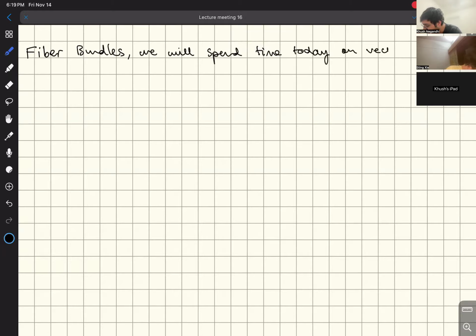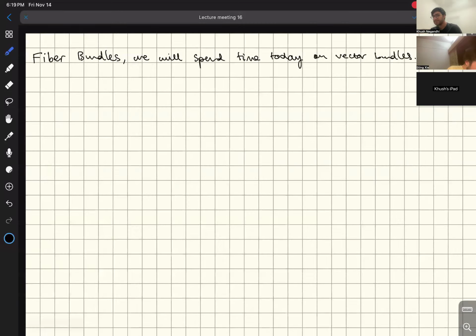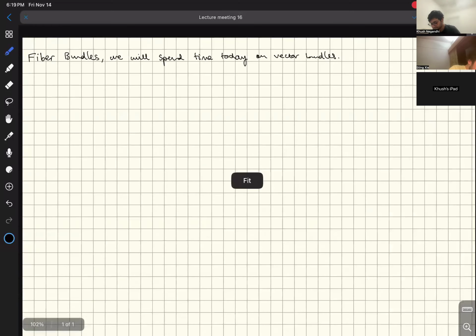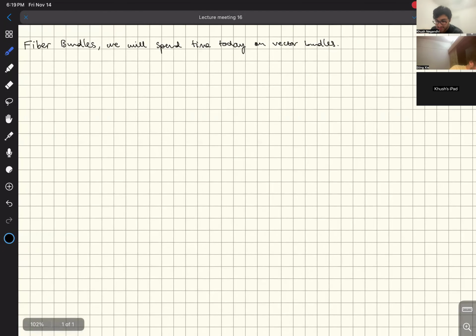The way we're going to motivate this topic is we're going to see how we can take a collection of data. I'll define more precisely what that means exactly. We'll take a collection of data and then we'll patch these up together in such a way that we get a useful object.